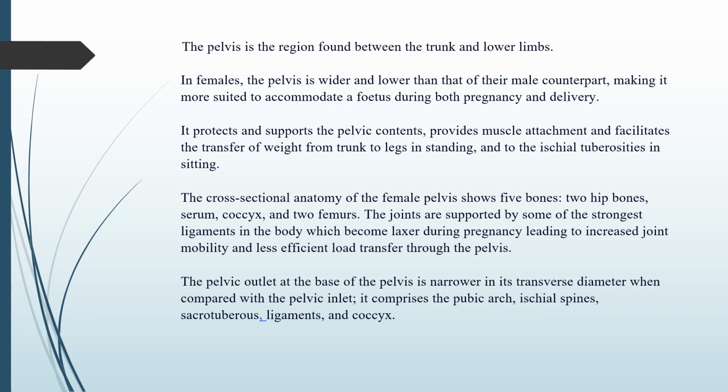The pelvic outlet at the base of the pelvis is narrower in its transverse diameter when compared with the pelvic inlet. It comprises the pubic arch, ischial spines, sacrotuberous ligaments, and coccyx.